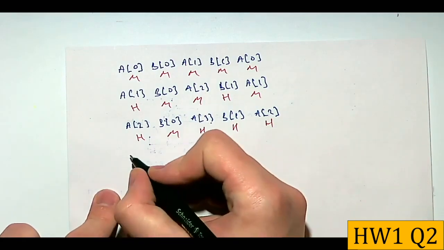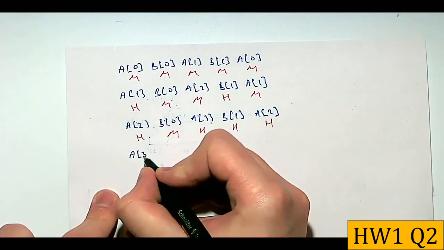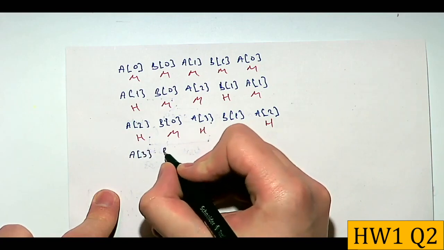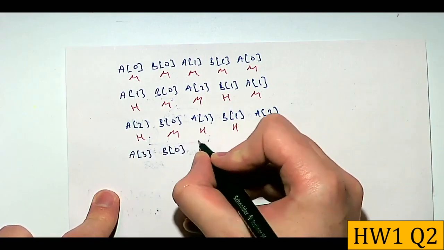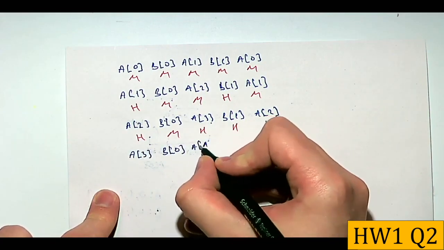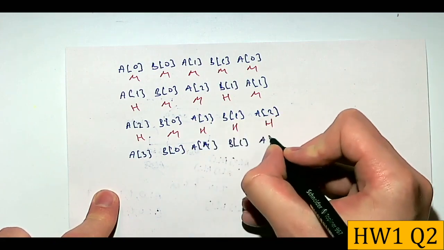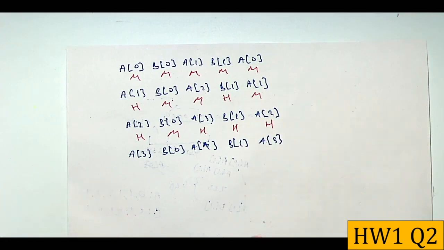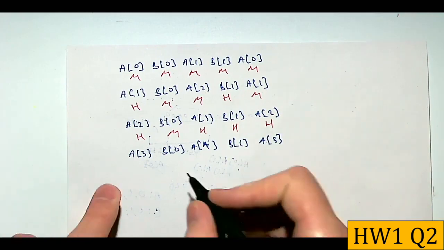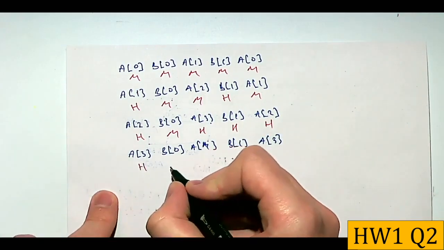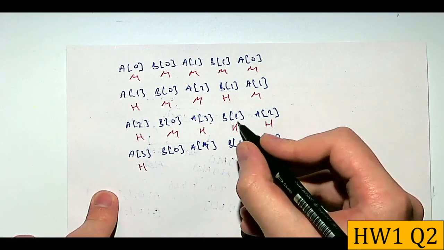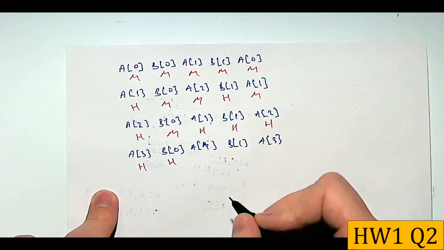And I think I'm going to show 2 more iterations. A4, B1, A3. We accessed A3 before. This is a hit. We still have B0 in the cache.